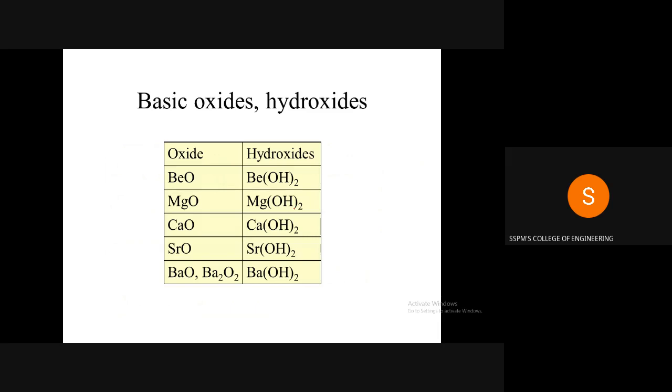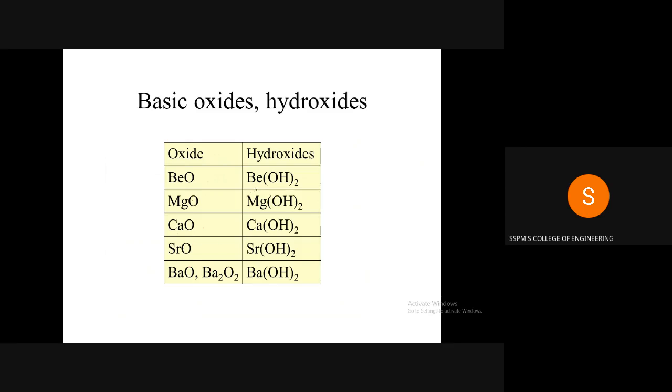Then group 2, that is beryllium, magnesium, calcium, strontium, barium. It forms oxides and hydroxides when it reacts with oxygen and OH minus, that is hydroxide. Oxides: beryllium oxide, magnesium oxide, calcium oxide, that is CaO, strontium oxide, barium oxide.